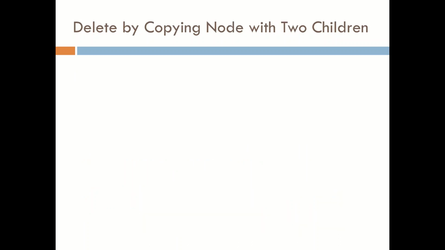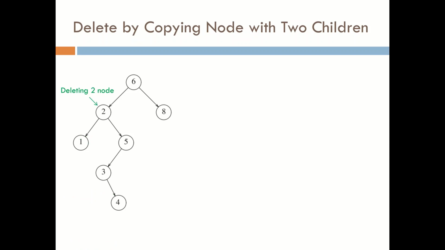Okay, so this method is called delete by copying. And again, we're trying to pluck out a node that has two children out of this binary search tree. So here's a binary search tree, and we decide we're going to delete node 2. If you notice, node 2 has two children.